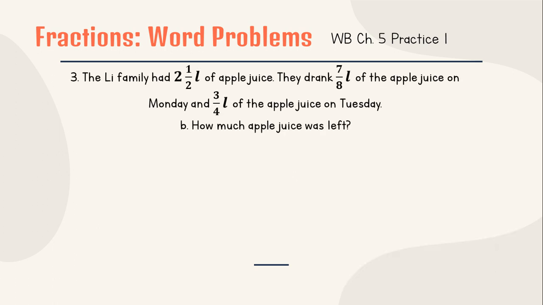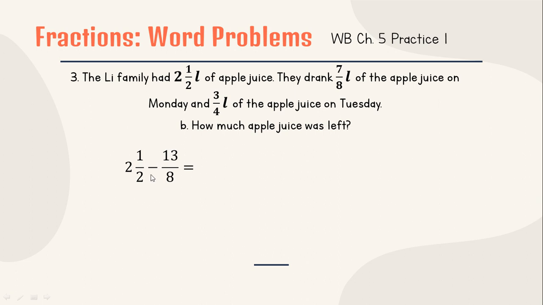Now go to B. How much apple juice was left? Now, we know that on Monday and Tuesday, they drank 13 per 8, or 5 per 8. And now we're going to find out how many liters of apple juice were left. First, they have this, and then they drink this.